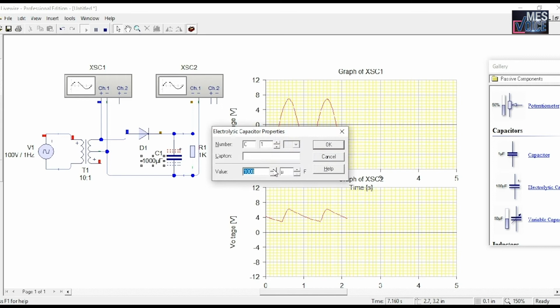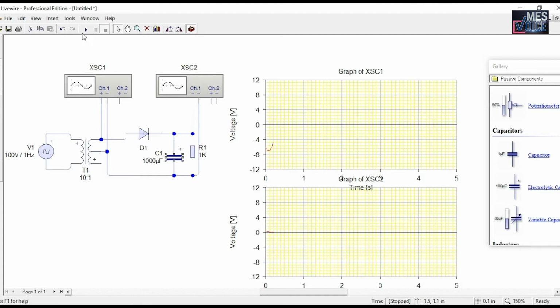The capacitor is charged and discharged in the output waveform, and we are again changing the value of the capacitor. Now the capacitor value is 1000 microfarad and there is a significant change in the output. Now we get the output of a half-wave rectifier with the filter, a rippled waveform.